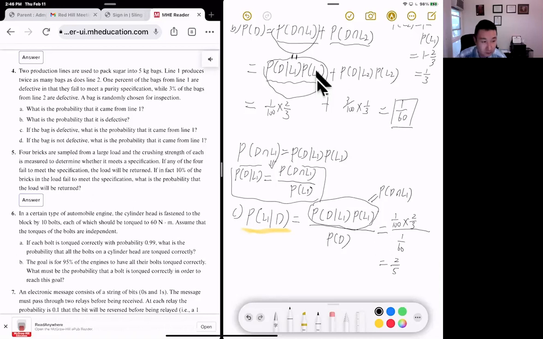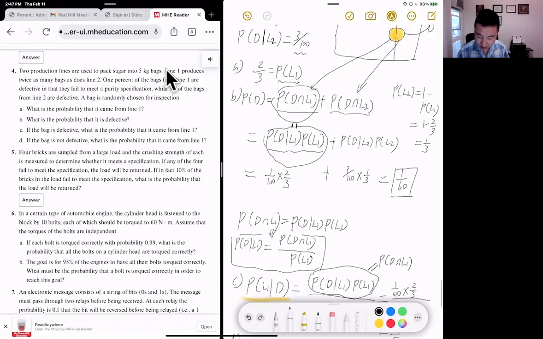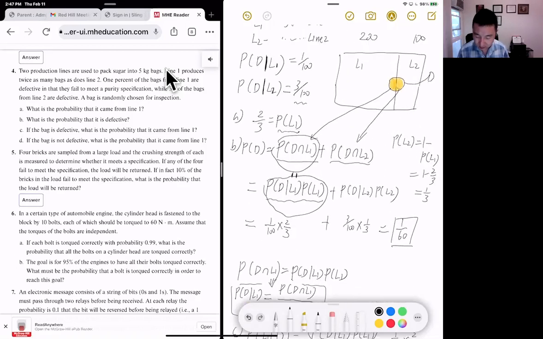Okay. Let's continue. Part D. Part D is asking, if the bag is not defective, not defective means outside that circle of D, outside that yellow circle. If it's not defective, asking the probability that it is coming from line 1.